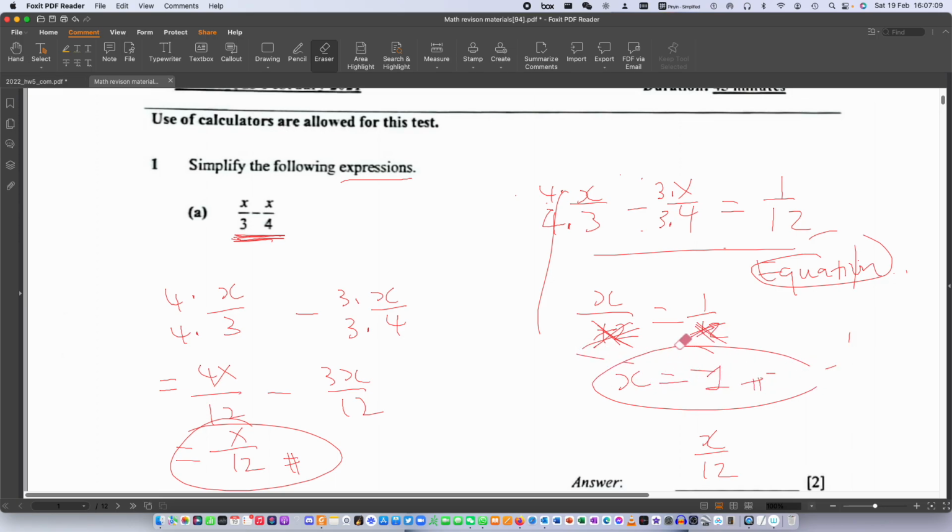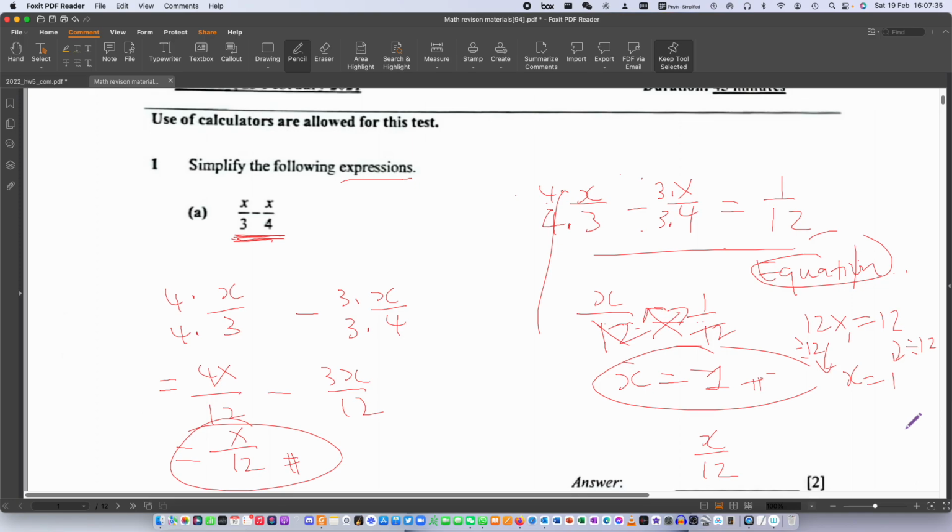But of course, if you wish to cross multiply, you can. But remember, cross multiply only works with an equal sign in between. So if you cross multiply, you will end up with 12x equals 12. So x, here is divided by 12, this is also divided by 12. So this is 1. Are you clear?